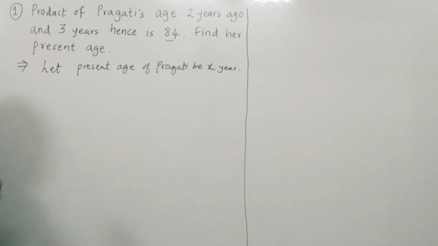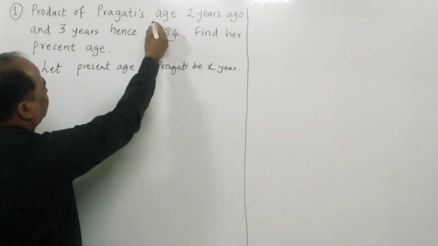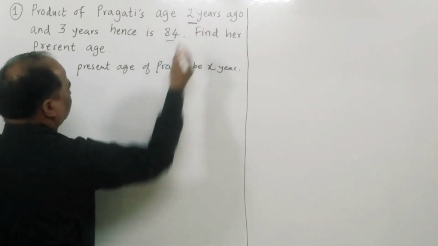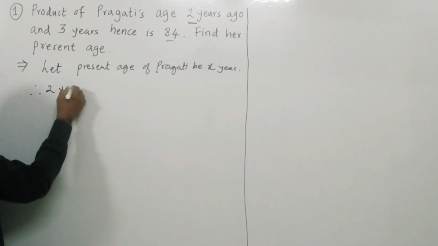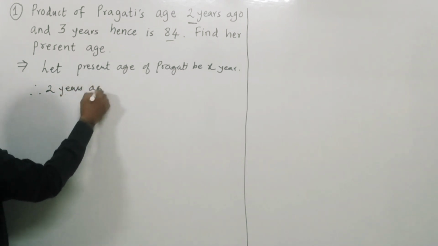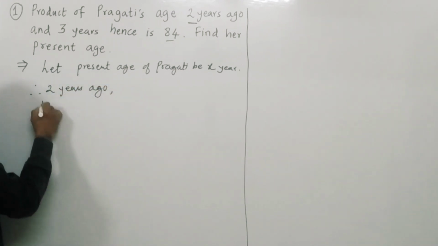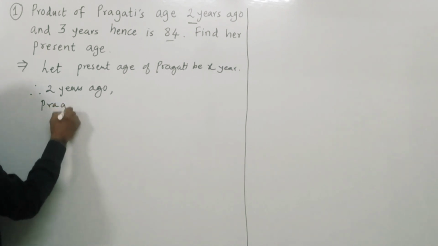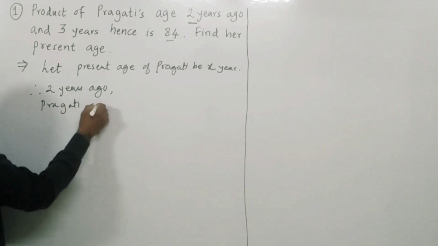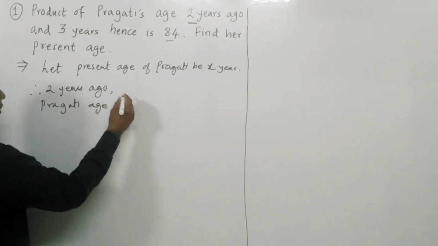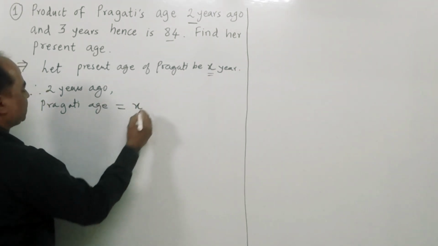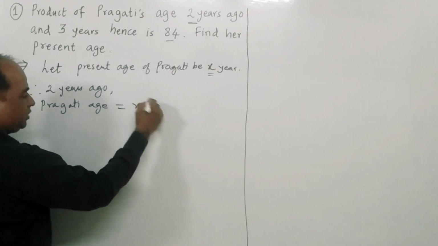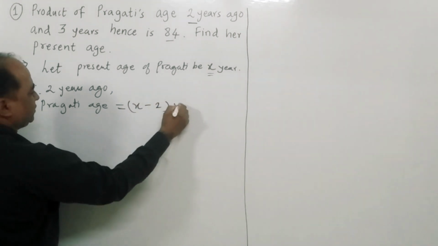Now, the product of Pragati's age 2 years ago. Two years ago, her age will be x minus 2 years, since her present age is x.